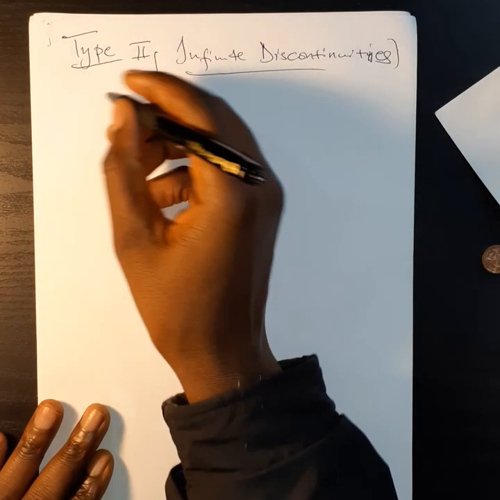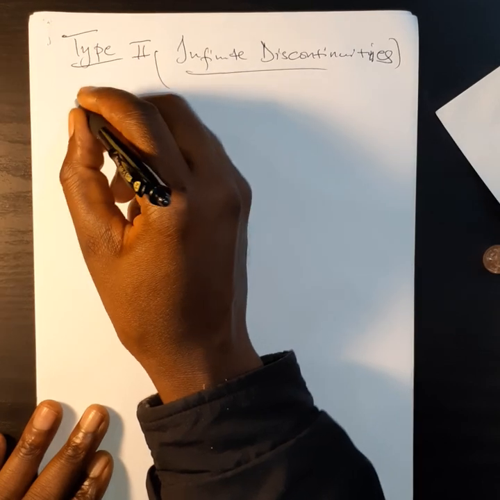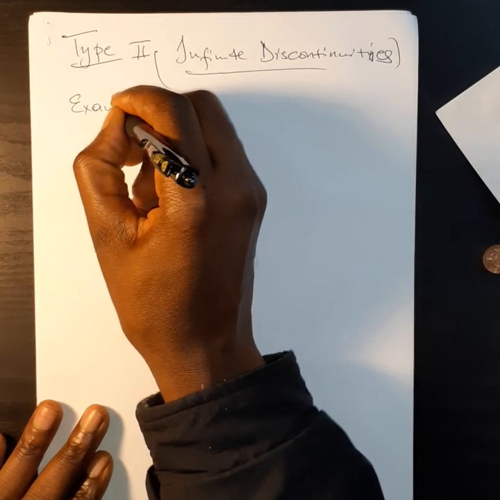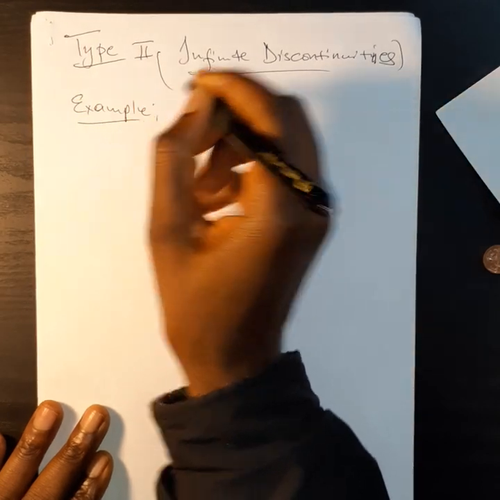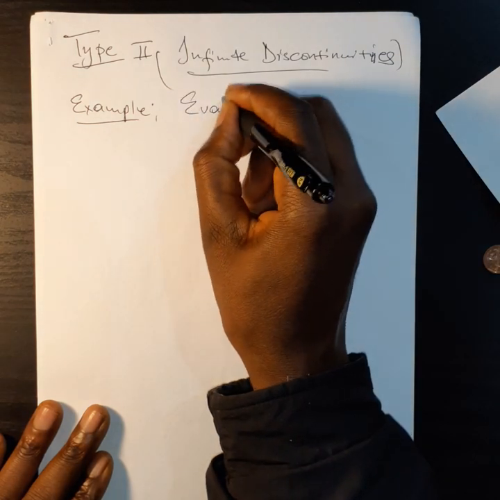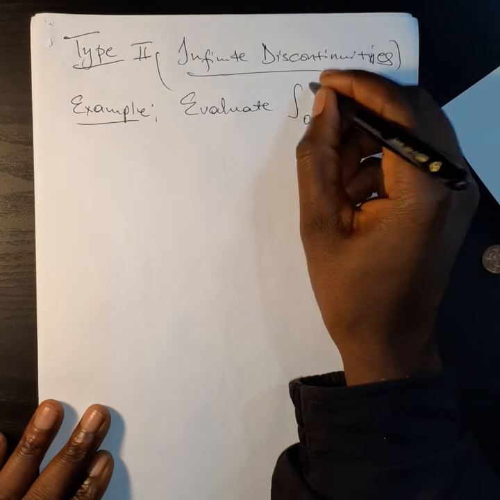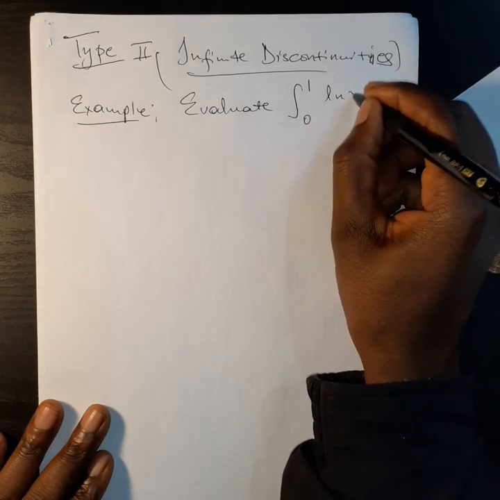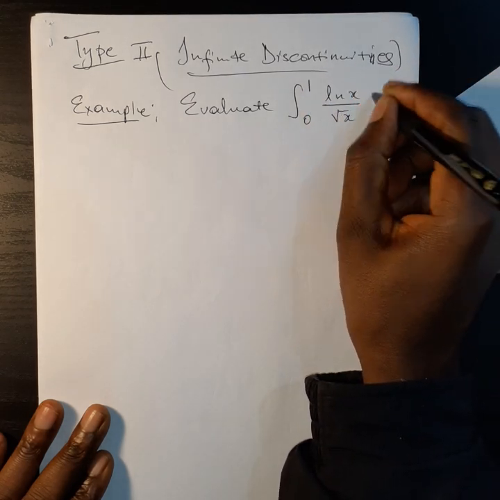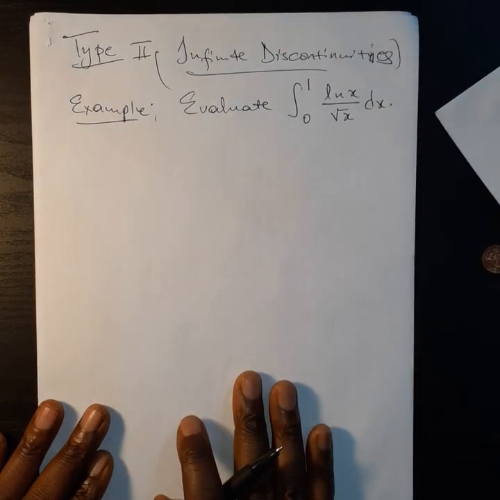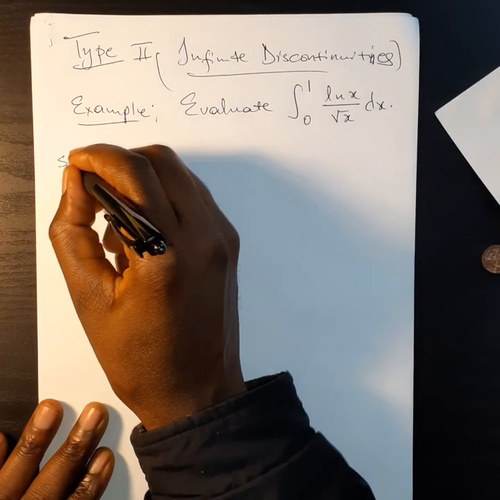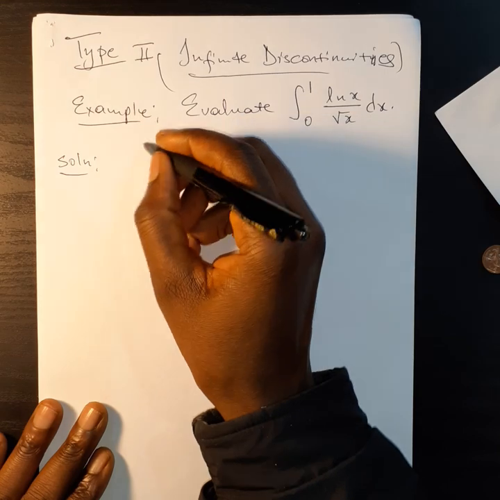Say for argument's sake, we take as an example, we want to evaluate the integral from 0 to 1 of the ln of x over square root of x dx, like that. Then we must make the following observation.